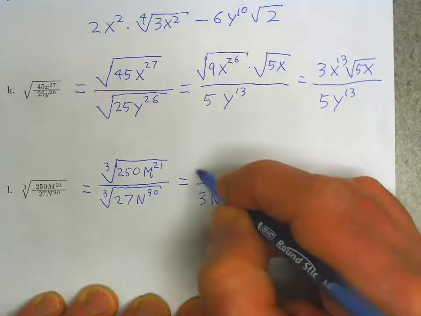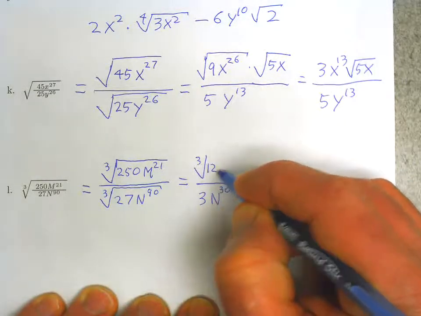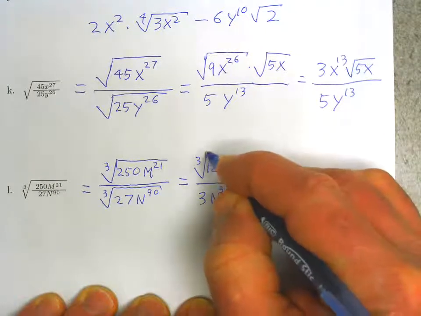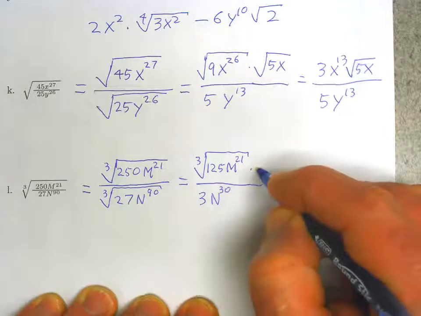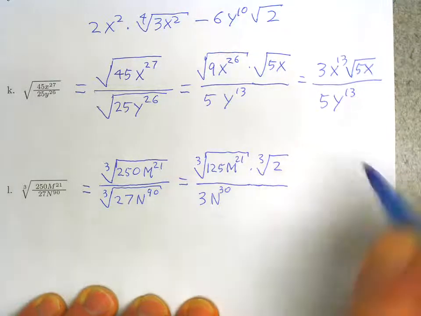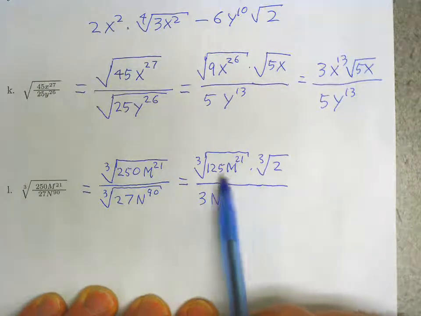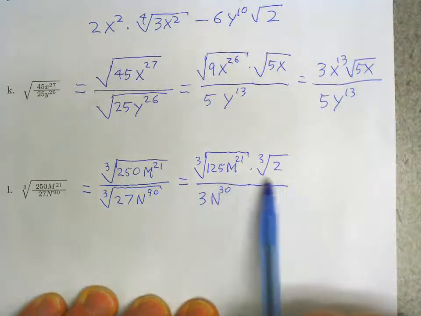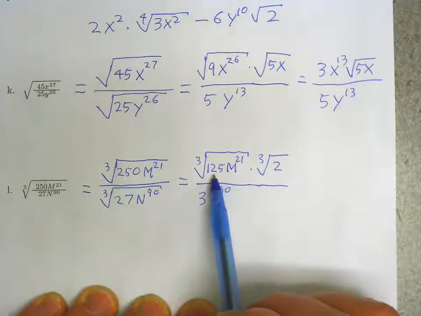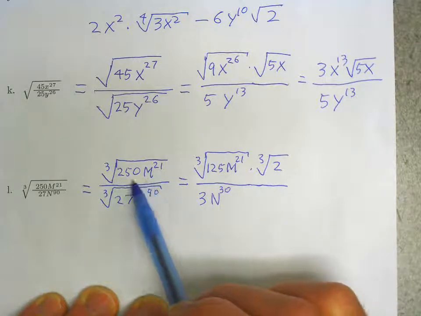So we'll rewrite the numerator as the cubed root of 125 times m to the 21st multiplied by the cubed root of 2. And you can verify that you applied the product property of radicals correctly if you multiply this radicand 2 by this radicand. You get the original radicand.